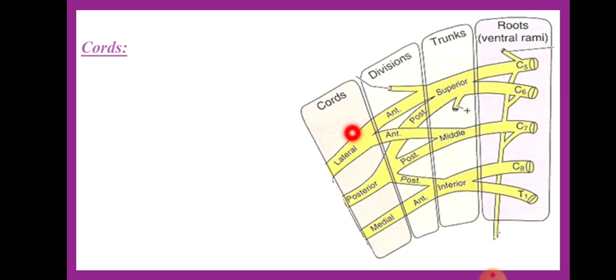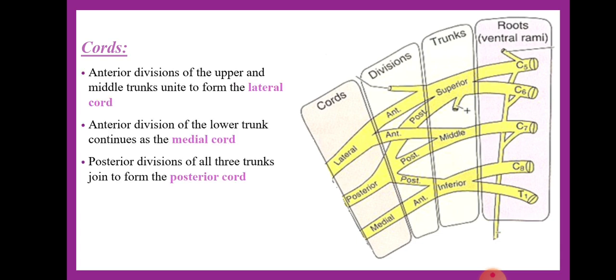Next step is the cords. How many cords in the brachial plexus? 3 cords: medial, lateral, and posterior. The posterior divisions join each other to form the posterior cord.